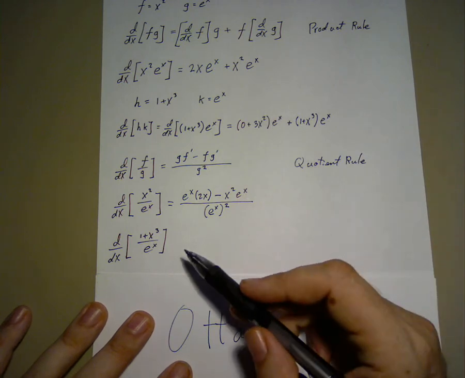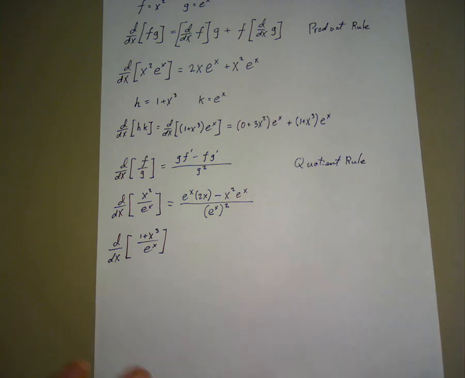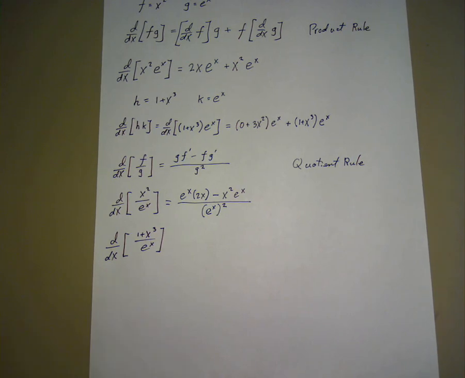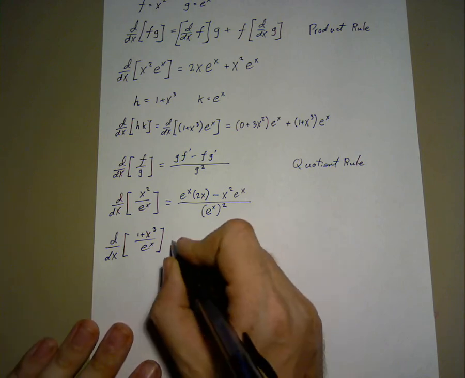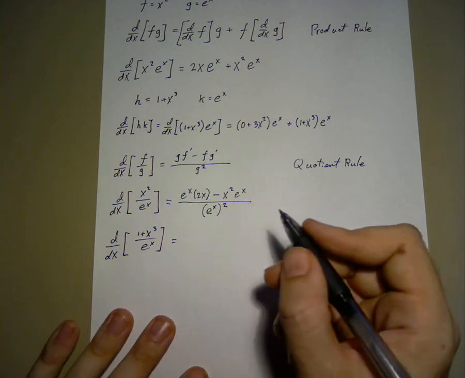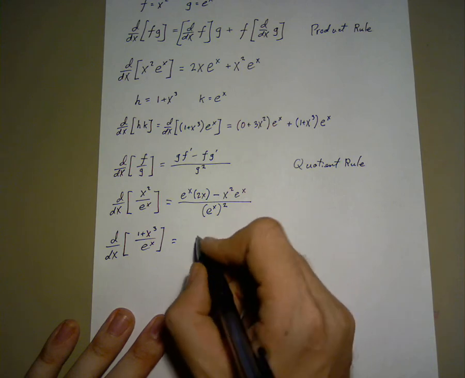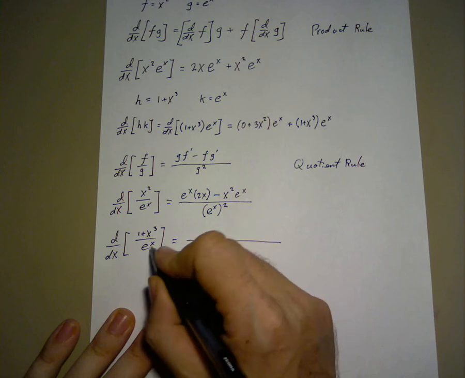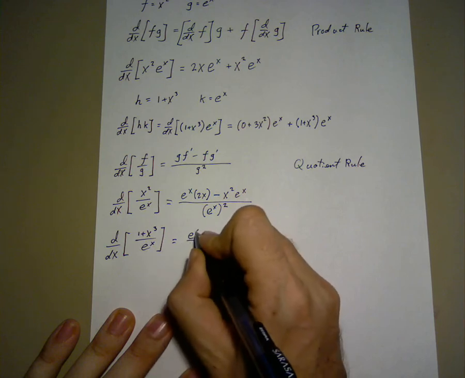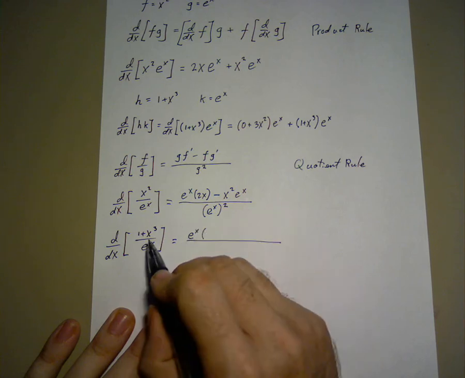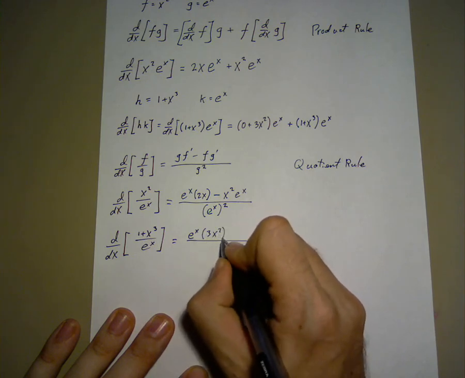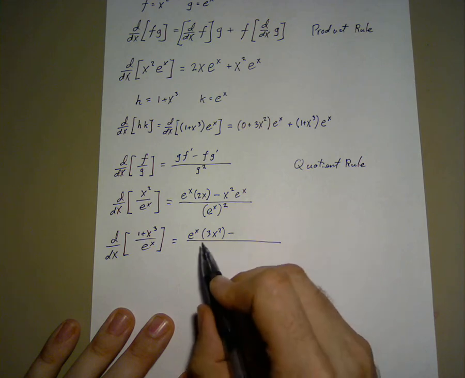For our final example, we will take h and k functions, which we defined previously, and apply the quotient rule. Okay, so we take our low function, low d high, the derivative of the top one is 3x squared minus high.